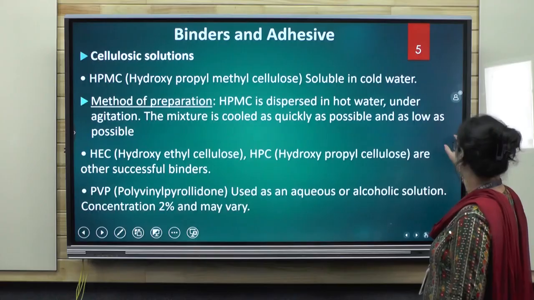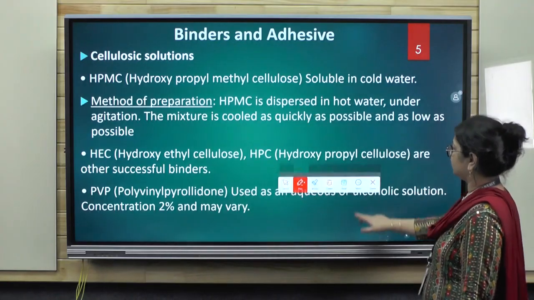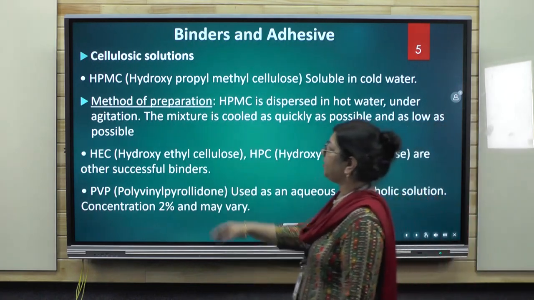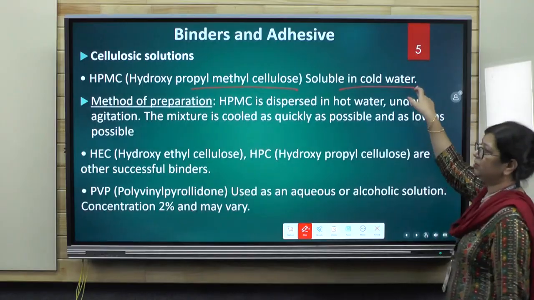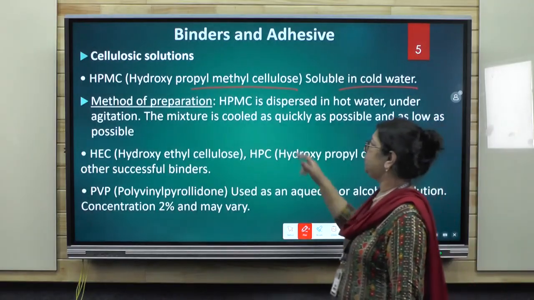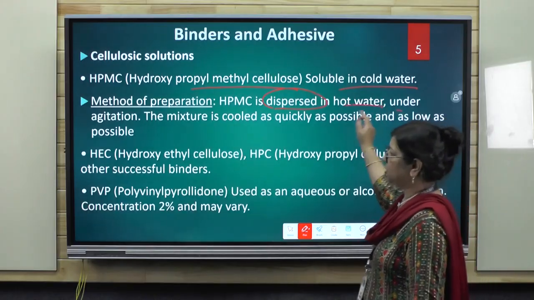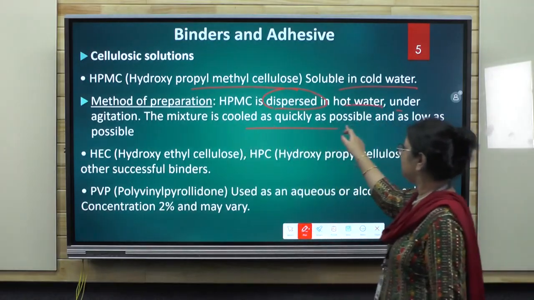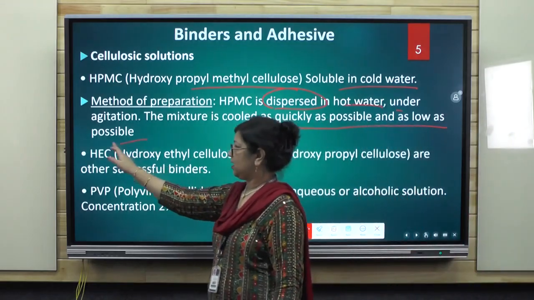Now we talk about the cellulosic solutions. HPMC, hydroxypropyl methyl cellulose. It is soluble in cold water. Method of preparation: HPMC is dispersed in hot water under agitation. The mixture is cooled as quickly as possible and to as low a temperature as possible.